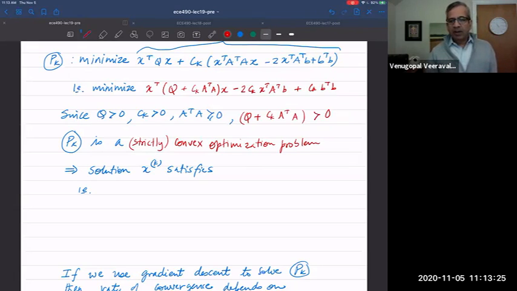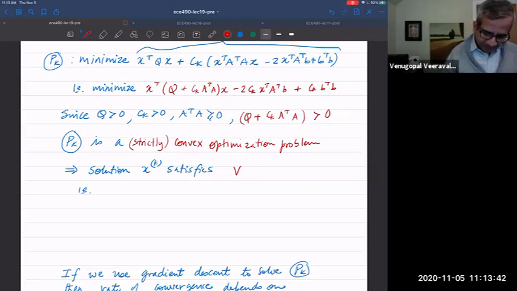So the solution can be obtained for a convex optimization problem. How do you obtain the solution? This is unconstrained, so just set the gradient equal to 0. It's strict, so it's going to be unique too.